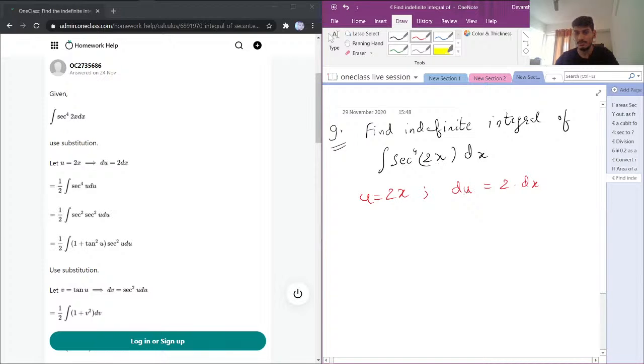I will get the integral of secant power 4 of u, and dx will be du by 2. Now I can take 1 by 2 outside because it is a constant.